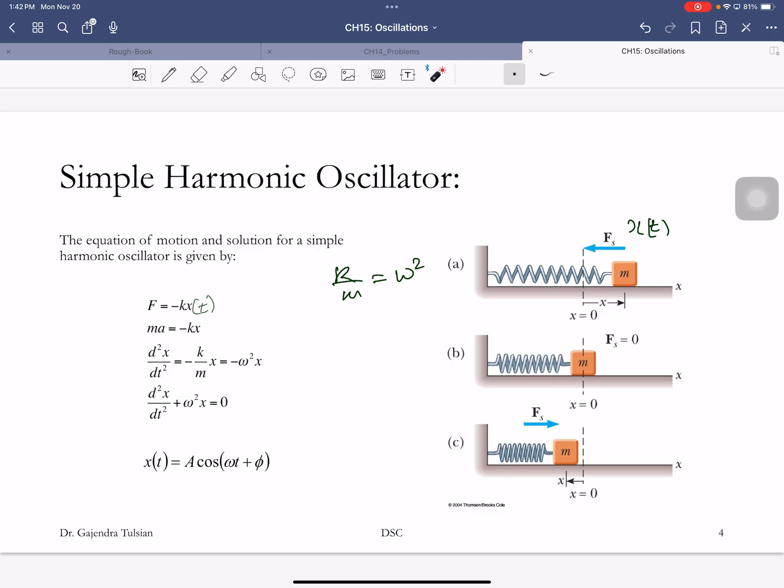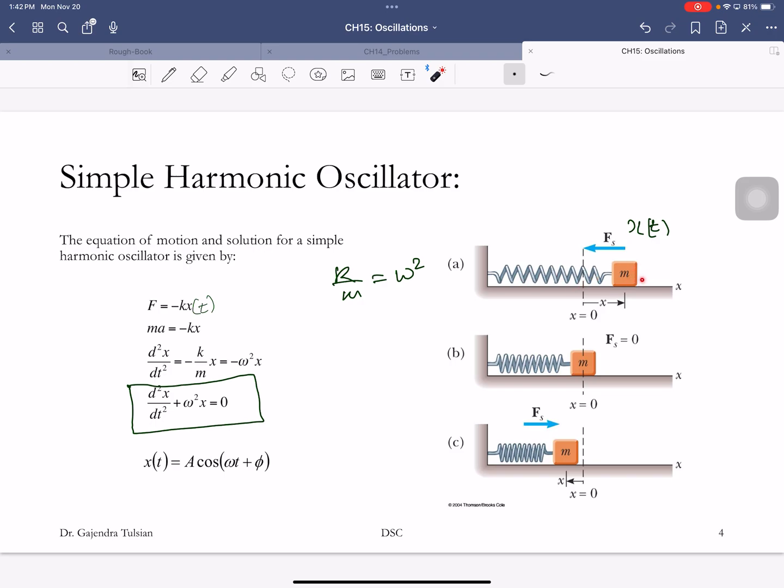Again, I can't emphasize the importance of this enough. This is a very simple differential equation, and this equation is describing the behavior of this system that is changing with time. If I pull this guy over here and let go, it'll oscillate like this.